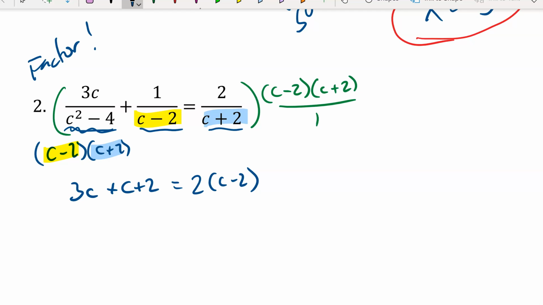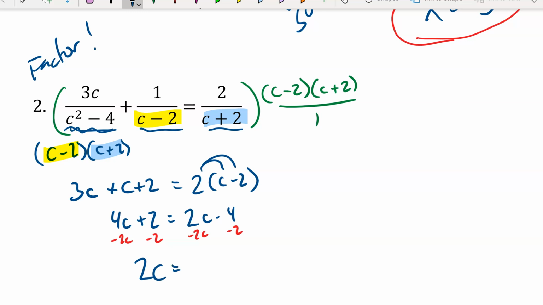So I can just gather together the like terms. 4c plus 2 equals 2c minus 4 if I distribute that 2 to the two terms in the parenthesis. Subtracting 2c from both sides, and also subtracting 2 from both sides, gives me 2c equals negative 6, so c equals negative 3.